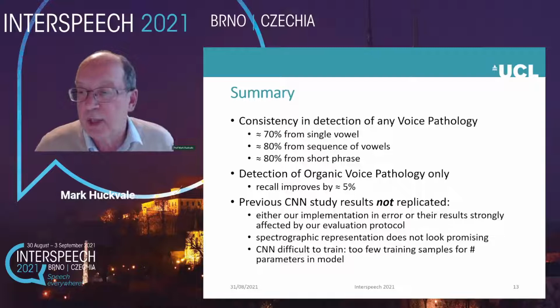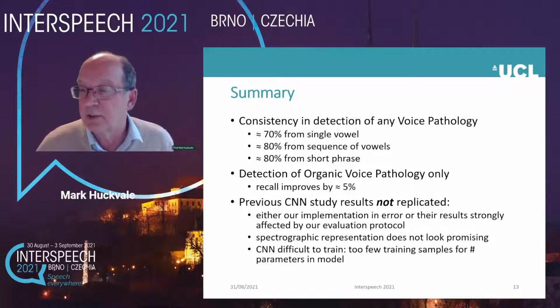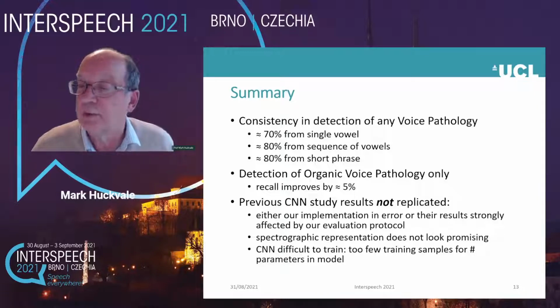If you manage to record and analyze a sequence of vowels, E, R, U, possibly on different pitches, you can push that up to about 80% or so. But also, surprisingly, performance just from a short phrase, by short phrase we're talking about something which is about 2 or 3 seconds long, is actually as good as recording many different vowels on many different pitches.